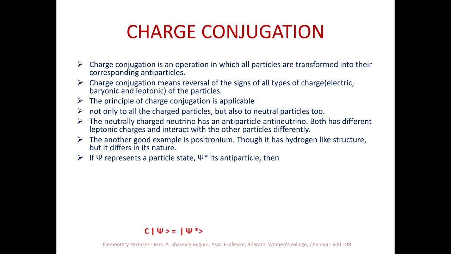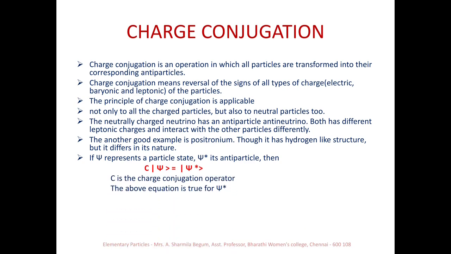If psi represents a particle state, then psi star represents its antiparticle. C is the charge conjugation operator. When it operates on psi, it gives out psi star. The above equation is true for psi star also. That is, C operating on psi star will yield psi.